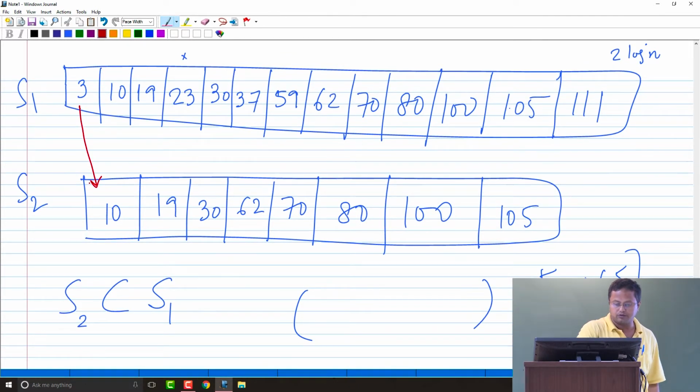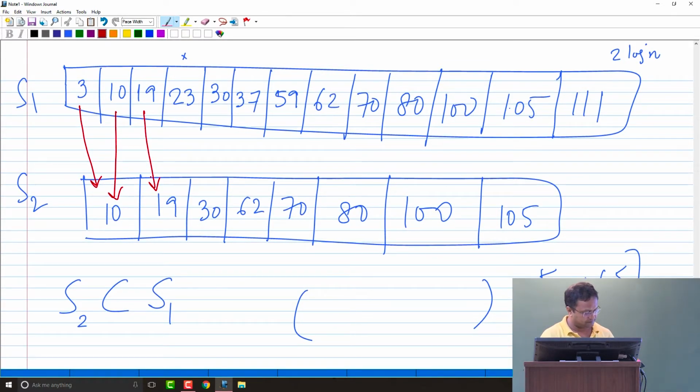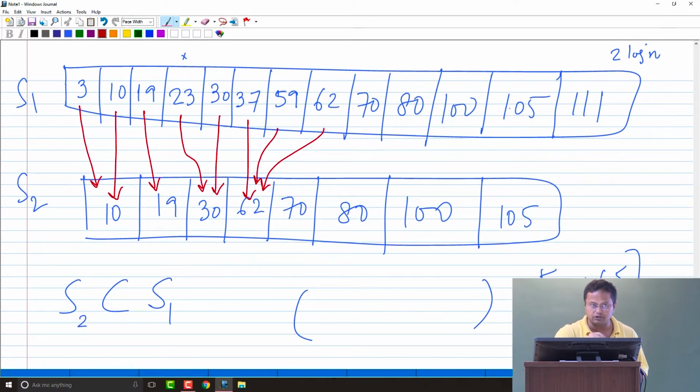So, 3 goes to 10, 10 goes to 10, 19 goes to 19, 23 goes to 30, 30 goes to 30, 37 goes to 62, 59 goes to 62, 62 goes to 62, 70 goes to 70, 80 goes to 80.